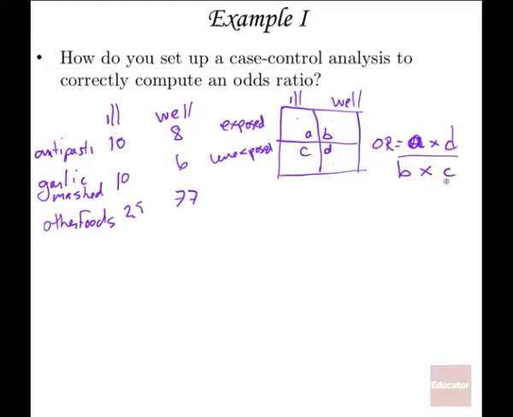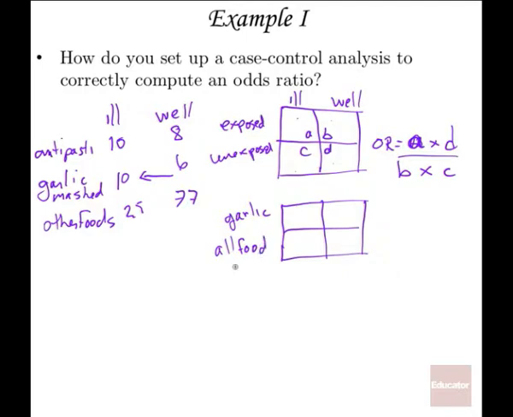So if we take the data from the restaurant example and fill it in these cells, let's take, because we didn't show that in the computation, garlic mashed. So we'll have garlic mashed here, and then all other foods in the unexposed category. So we have 10 individuals who were ill and 6 who were well.